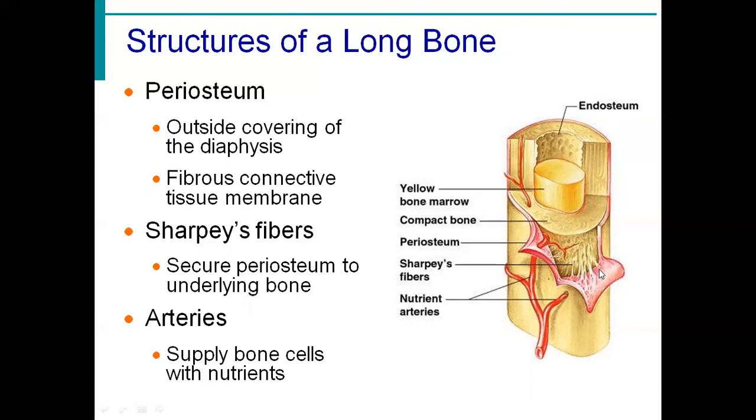This surface fiber is connected with compact bone interiorly and, at the external surface, with the periosteum. And the third part of the long bone is arteries. Arteries are connected to the periosteum, which is responsible for blood circulation.